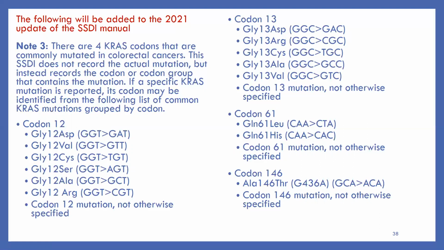So if you have a codon 12 mutated, these are the things you will be looking for in the KRAS report. Same thing with codon 13. Here are the values that you will be looking for to tell you that the codon 13 is altered. Here's codon 61, codon 146. I think those will help us not only knowing what to look for in the report, but also what to text.